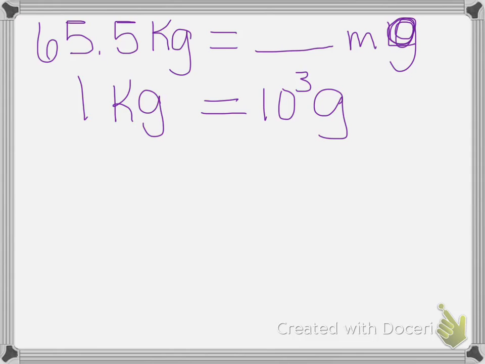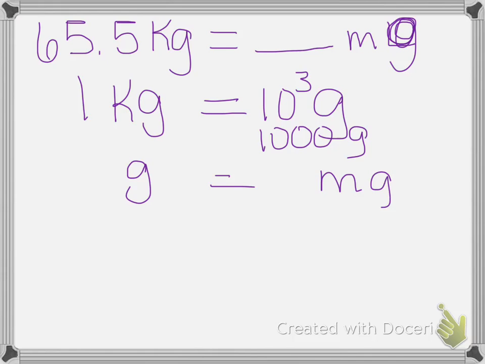If you want to use exponents, you can, or if you want to make that 1,000, whatever you see. And then you say, okay, that's grams though. So how many milligrams are in a gram? For every 1 gram, there's 1,000 milligrams.